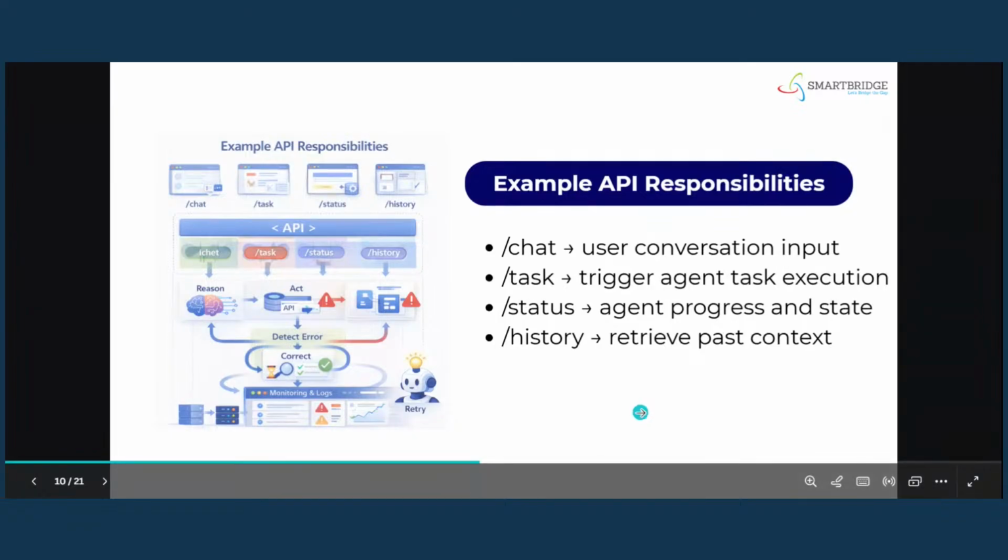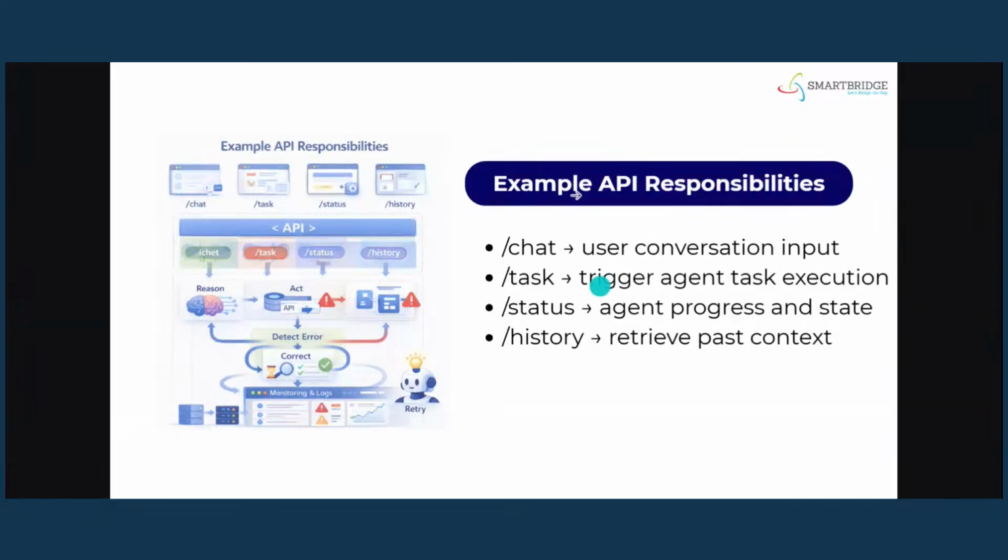May I know how many API responsibilities there are in Agentic AI? Please try to answer in the Q&A. I'm just asking how many types. Guys, I need a response from everyone.